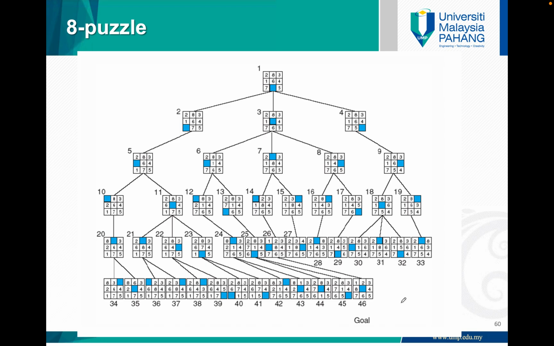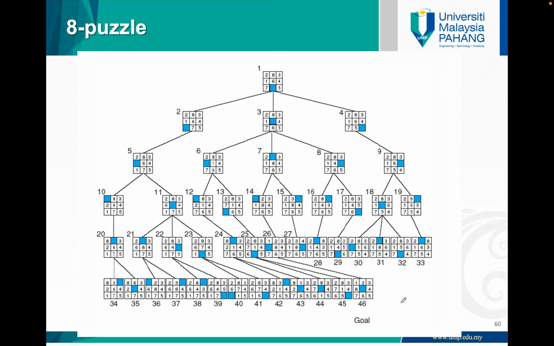So, in increasing order of effectiveness in reducing the size of the state space and with increasing computational cost, there are three things you have to avoid when designing an algorithm. First, do not return to the state that you just came from.